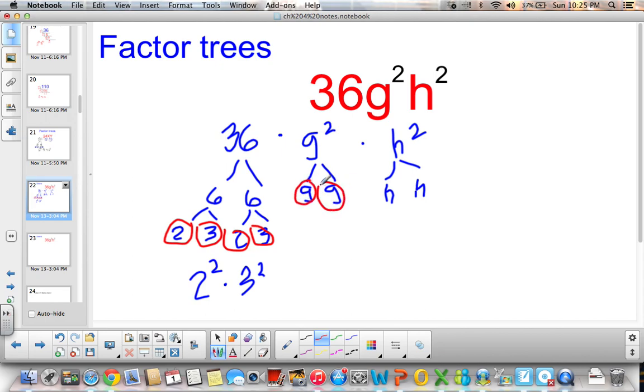And then we have, even though we don't know for sure, but we know that we factored it out as much as it could, but then we're going to change it back to g squared and h squared. So when you write out factors like this, you write the numbers from least to greatest, and then you write the letters in order of the alphabet. So 2 squared times 3 squared times g squared times h squared is how 36g squared h squared would be factored out.